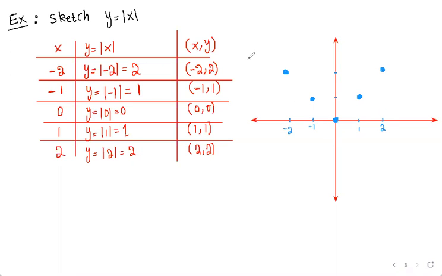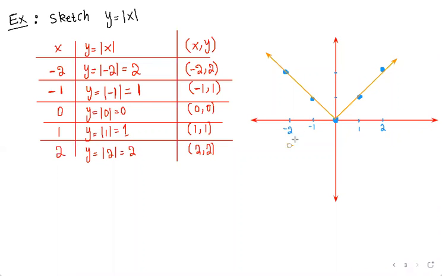Now we draw a curve between these points. So it's going to be something like that. So this is the first one. The line looks like this.